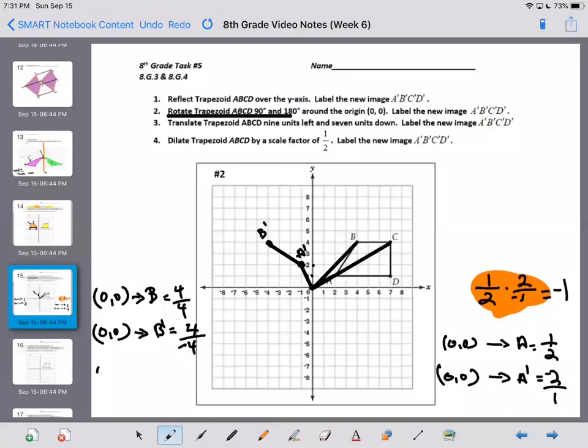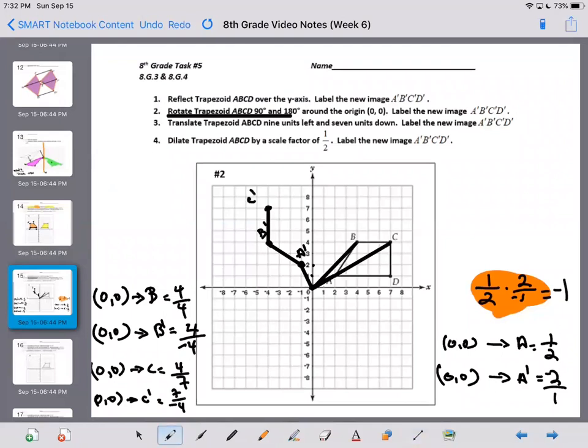So from 0, 0 to C, we said was up 4 to the right 7. So to go from 0, 0 to C prime, it's going to have to be up 7 to the left 4.